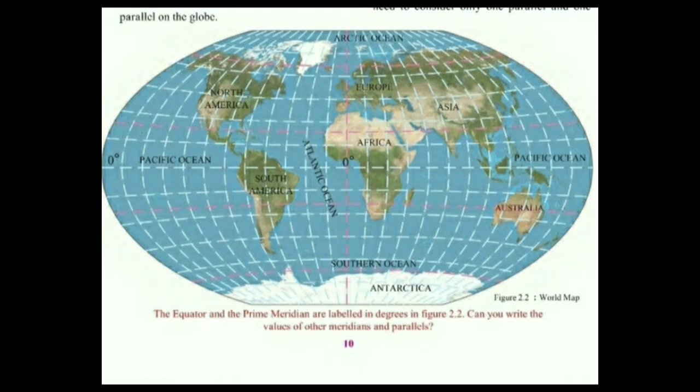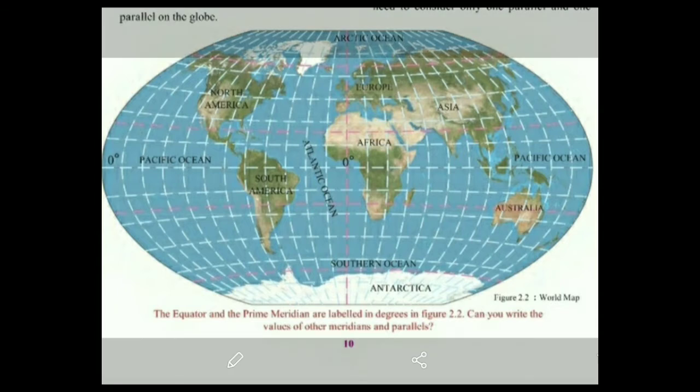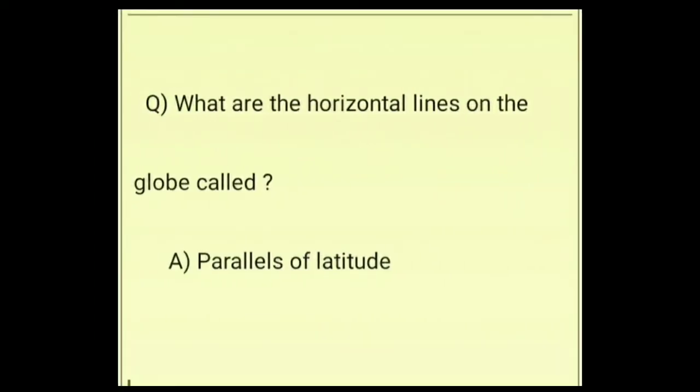Students, you will be keeping the textbook open, page number 10, figure number 2.2. The world map should be in front of you. You can see the world map here with the oceans and the continents and the parallels and meridians shown here. Let us answer the following questions.